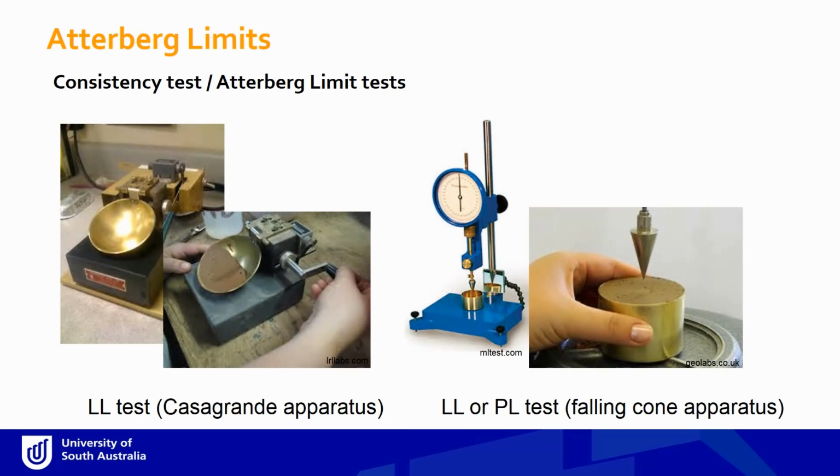Now, to do this classification in the lab, we do some testing. Again, we call it the Atterberg limit test. You will be able to learn about these testing apparatus in the video in a bit more detail. I'm not going to discuss this anymore. And for your practical, I have created another video that will guide you through a step-by-step process of how we can classify a soil, but again, not using this sophisticated instrument, but by feeling or touching, doing some very crude tests with it.